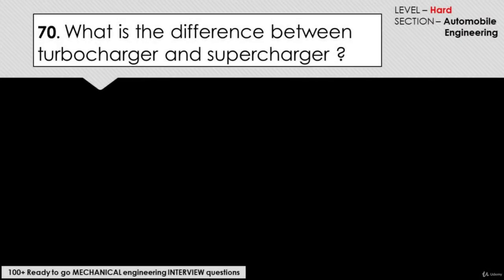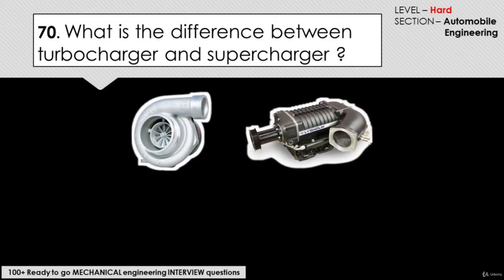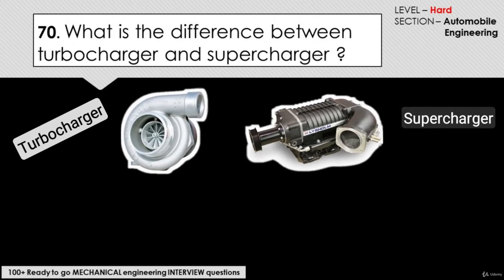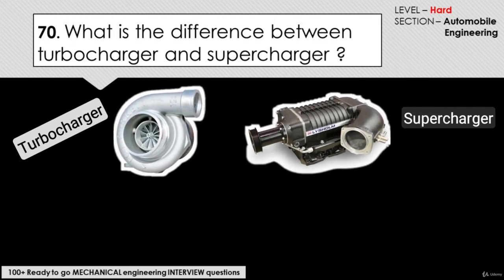What is the difference between turbocharger and supercharger? The earliest superchargers were all driven by power taken from the crankshaft, typically by a gear, belt, or a chain.